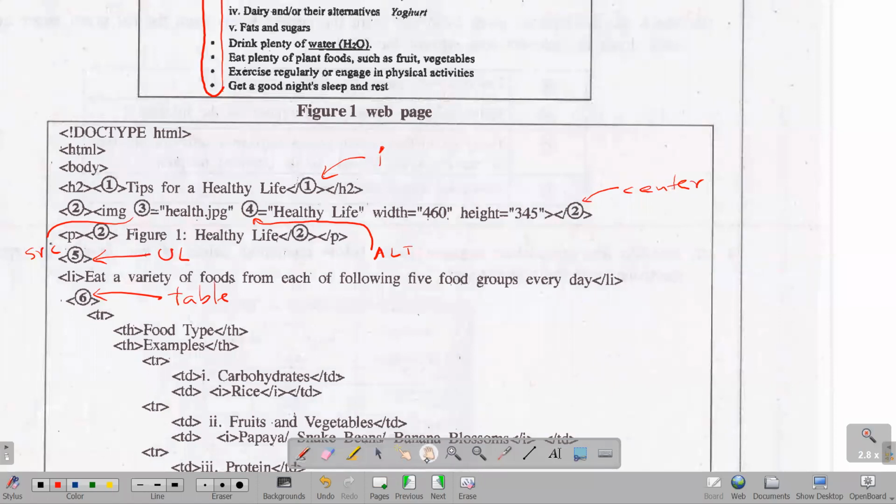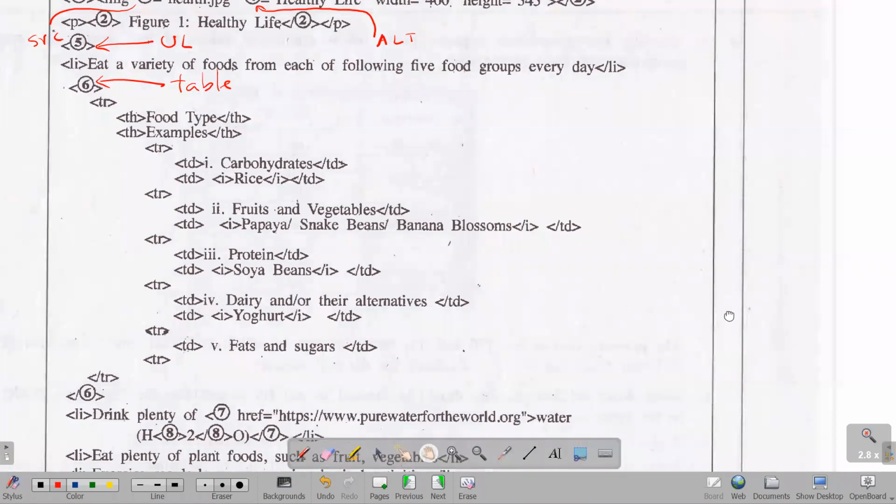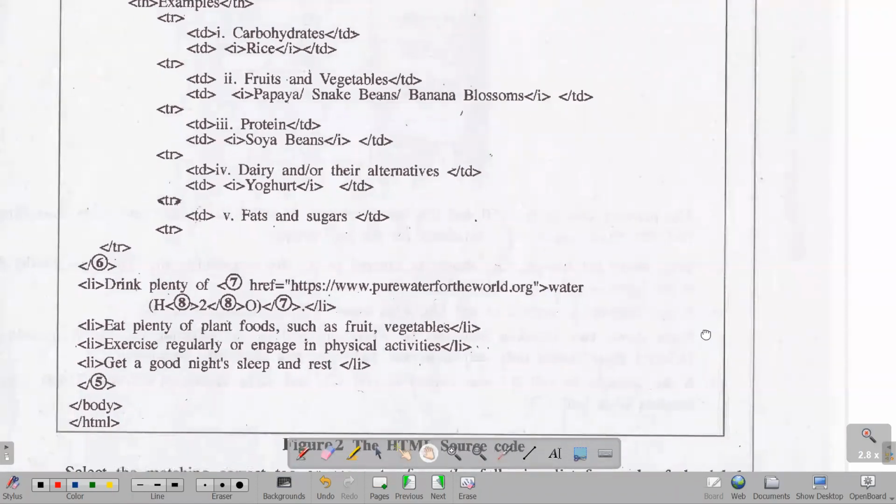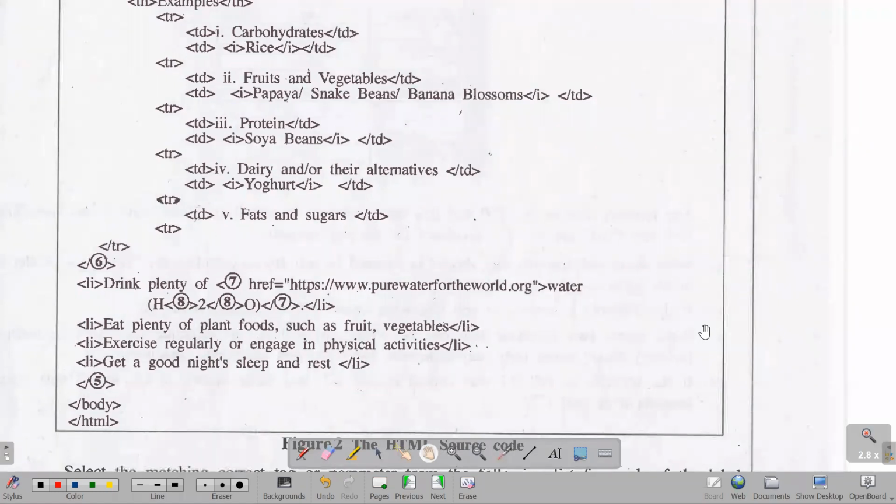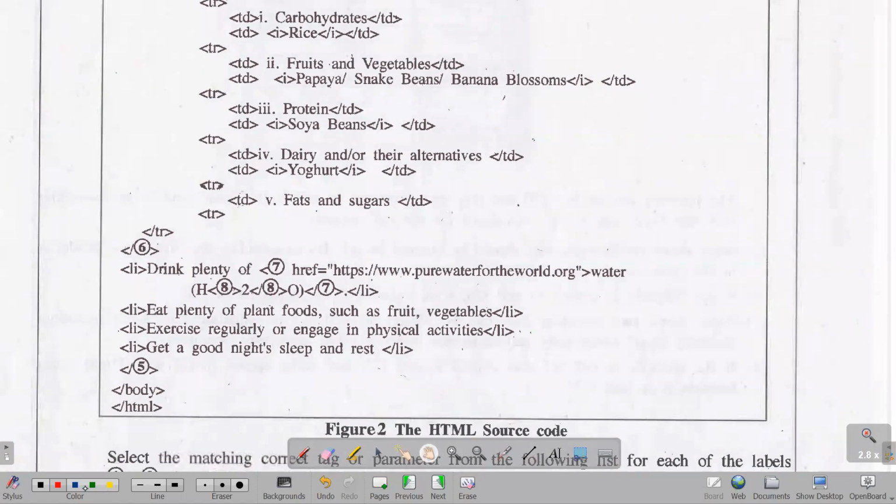Right, then okay, this is going to be the anchor tag, the sixth one. I'm sorry, the sixth, seventh. And the eighth and the seventh.